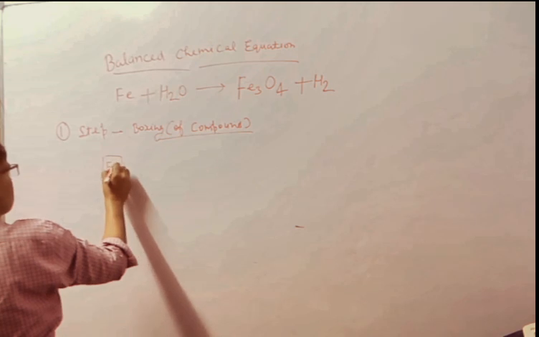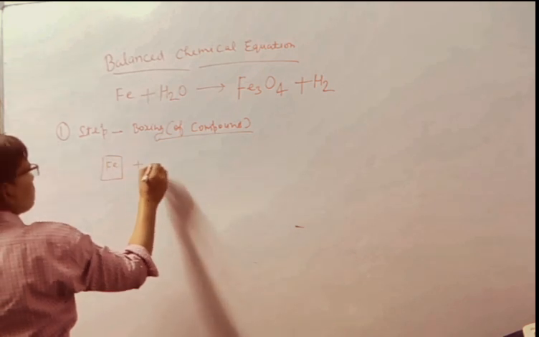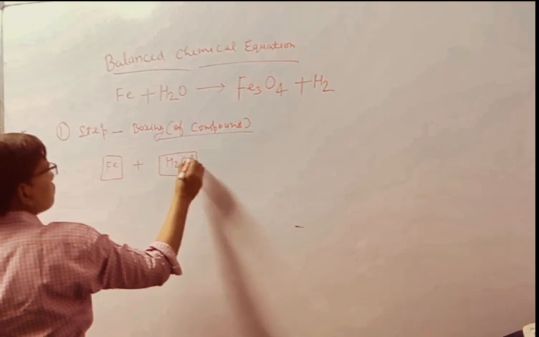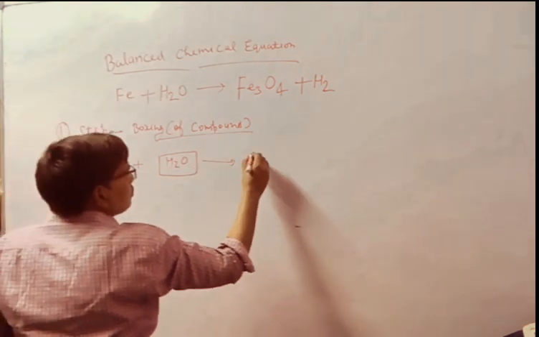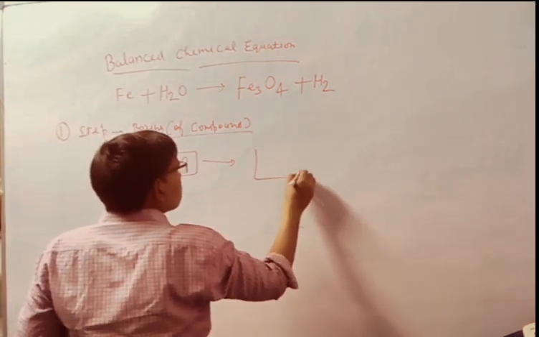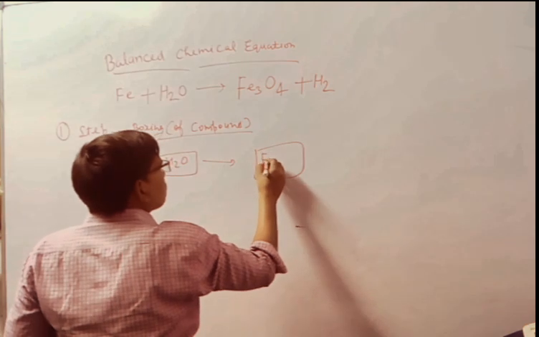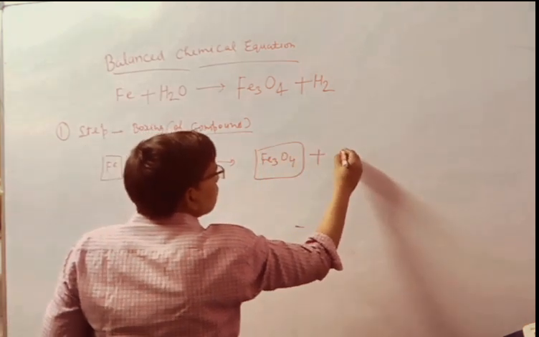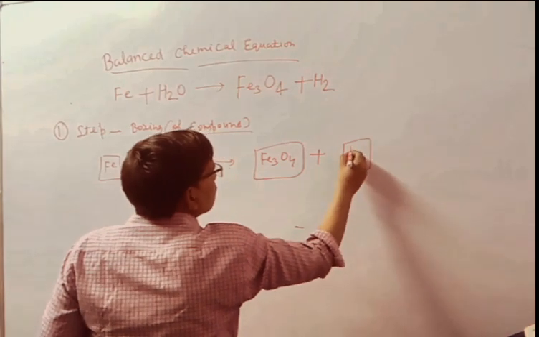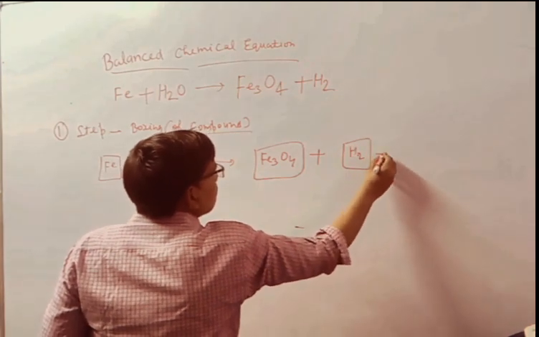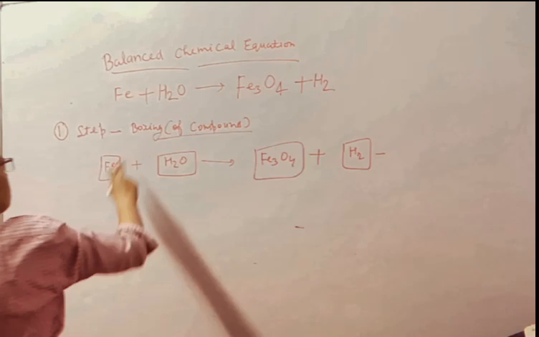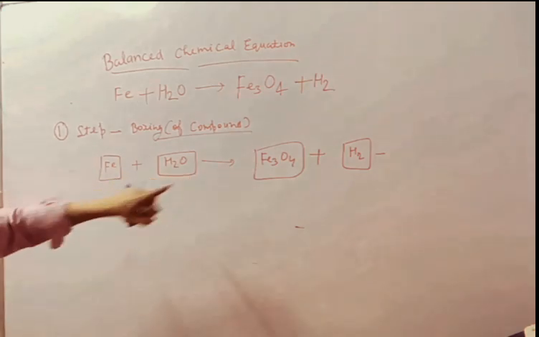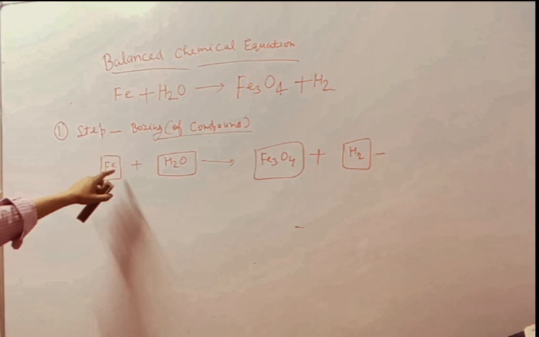Fe plus H2O here, in a box Fe3O4 plus in a box H2. This is the first step. We are taking the compounds in boxes. We are making the boxes.